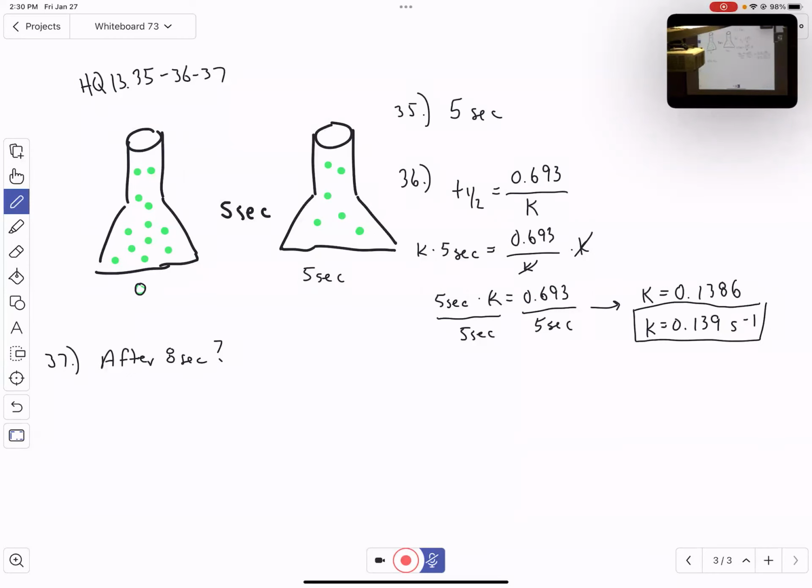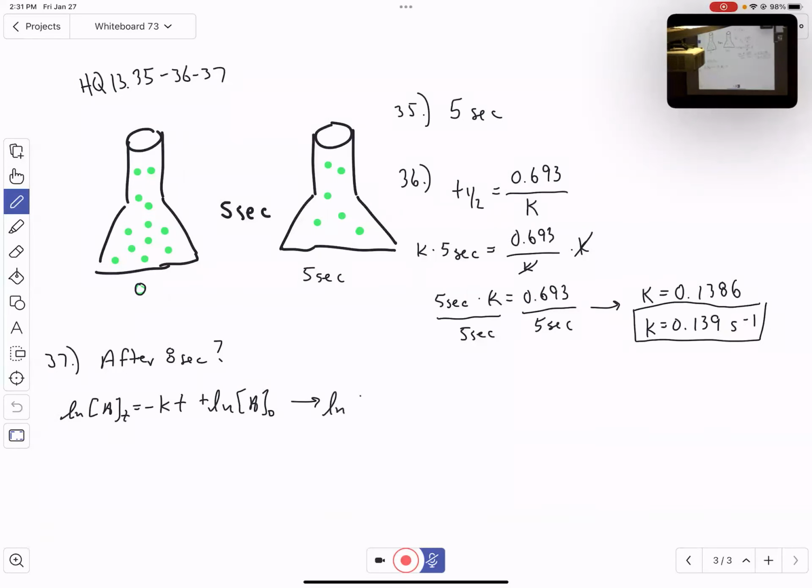Well, we know this is a first order reaction. So we know the natural log of concentration at time t equals negative kt plus the natural log of concentration at time 0. We use the integrated rate law for a first order reaction to find the concentration 8 seconds into this reaction, even though it's a half-life question.